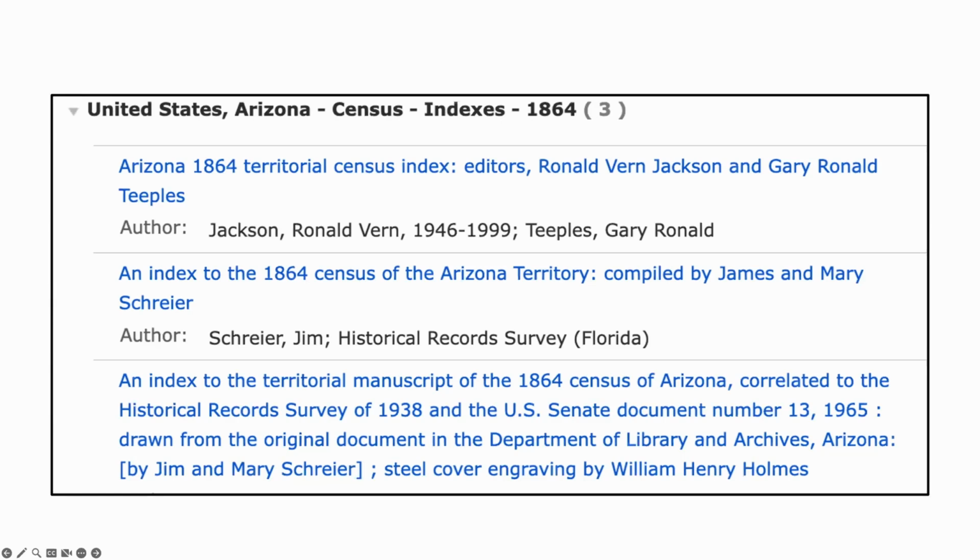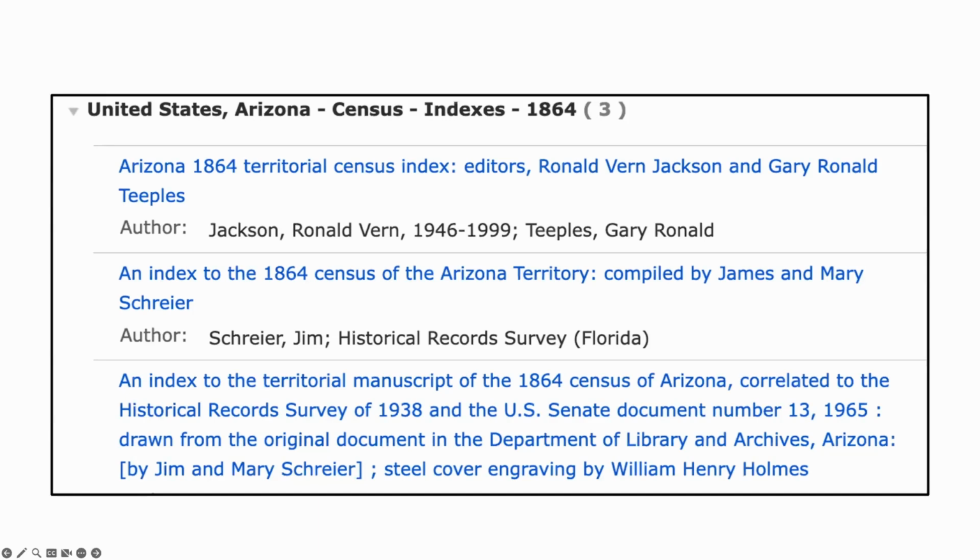So an 1864 census may show information about the early settlement of Arizona that you would not be able to find otherwise.